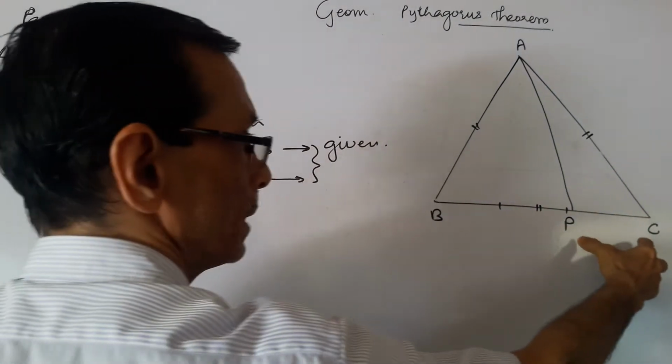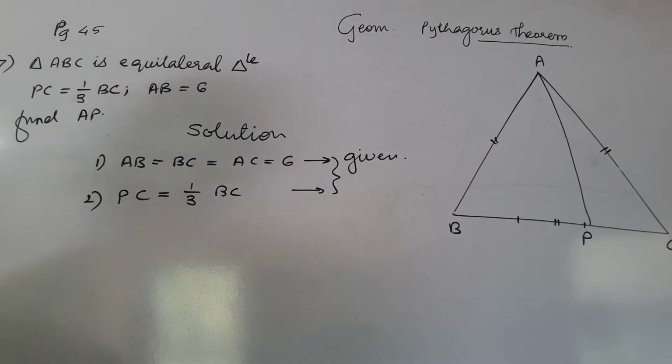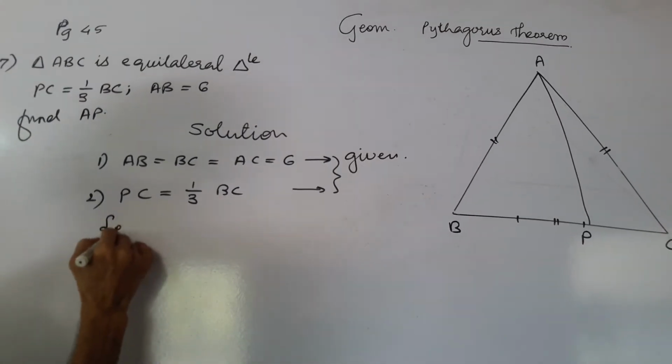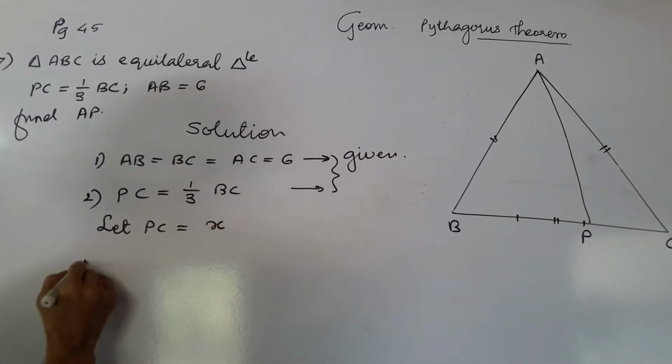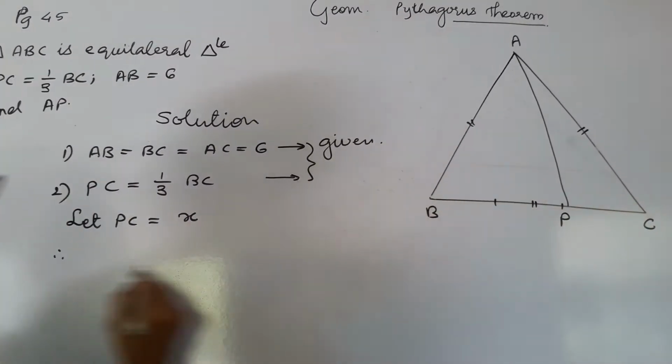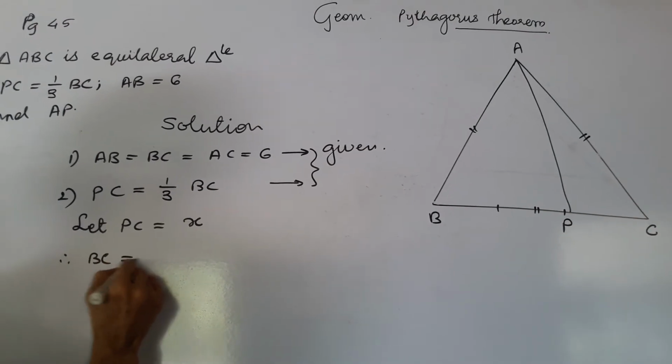Now let us take BC. Let PC be equal to X. Therefore BC is equal to 3X.